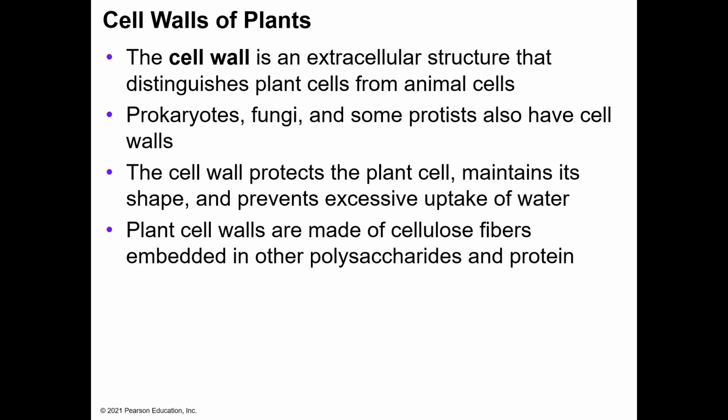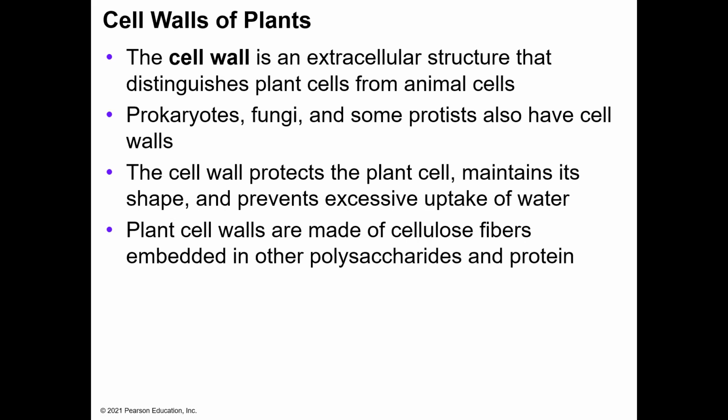There are some prokaryotes, some fungi, and some protists that have cell walls, so it's not unique to just plants, but it's a major difference between plants and animals. The cell wall protects the plant cell, and it helps maintain the shape. It's a structural component, and it prevents excessive uptake of water and the loss of water too.